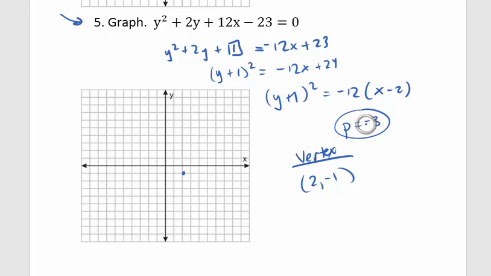P is negative, so that tells me that my focus is going to be to the left of this. Negative 3: 1, 2, 3. There's my focus. That tells me my parabola is opening to the left here. My directrix is going to be on the other side, the same number of units, p units. 1, 2, 3. There's my directrix line.